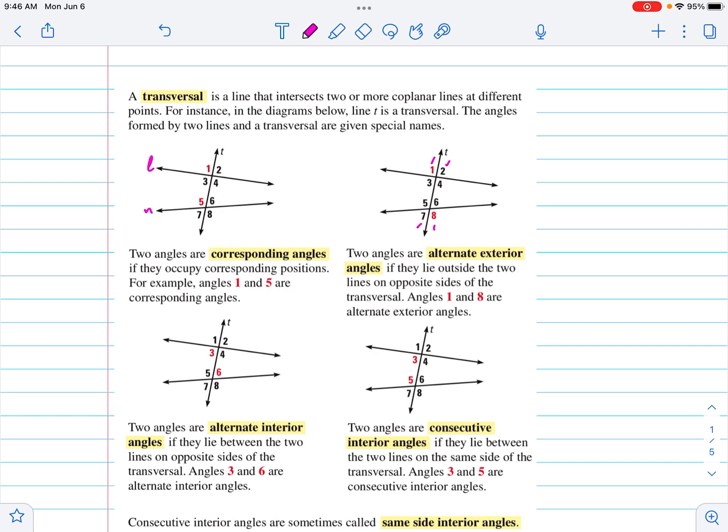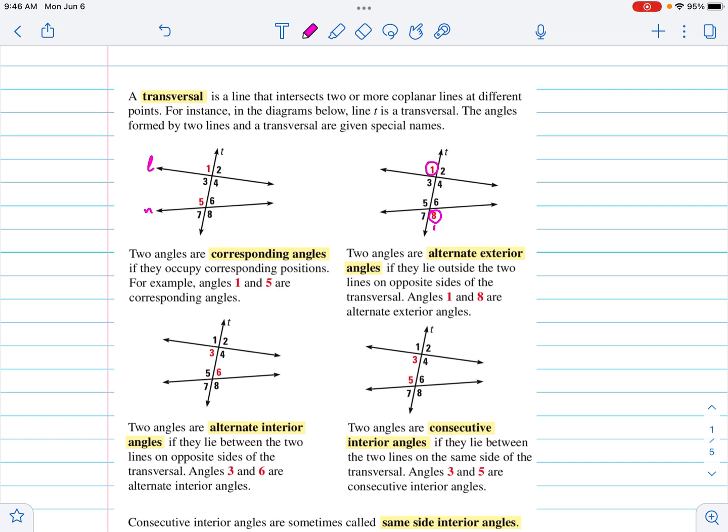And in fact, we have what we call alternate exterior angles. So for example, look at this angle 1 and this angle 8. Those are both outside and they're alternate, right? One's on the left-hand side of the transversal, and 8 is on the right-hand side of the transversal.